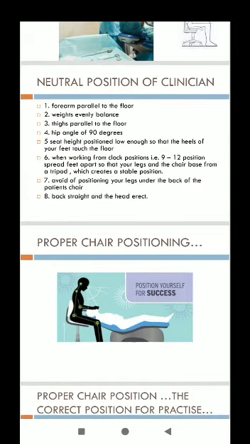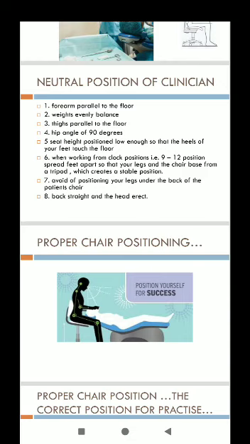So this is the proper positioning when you work on a patient. Your feet are parallel, your thighs are parallel, your feet are positioned on the floor, your hip angle is at 90 degrees, and your back is straight and your head is erect.